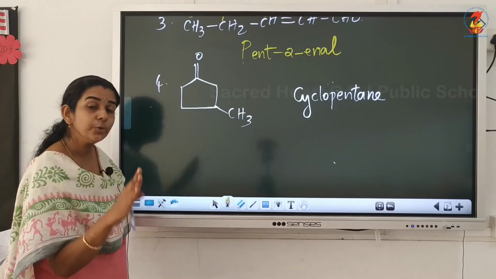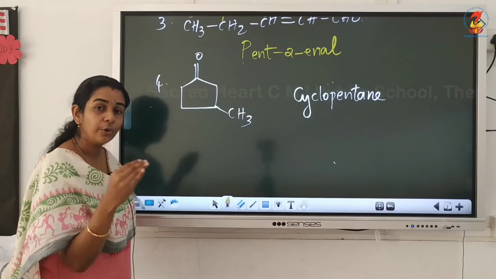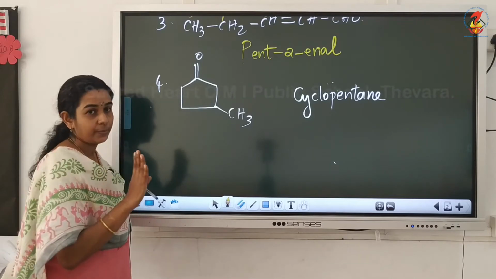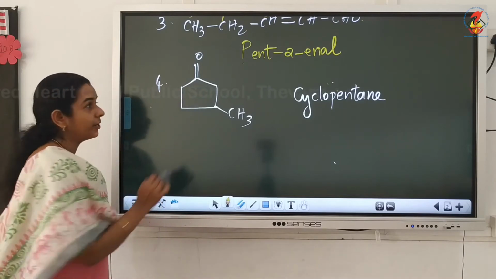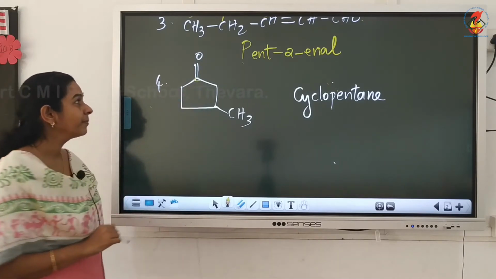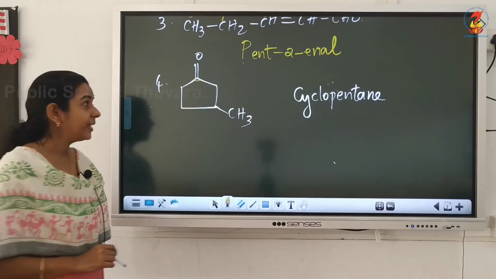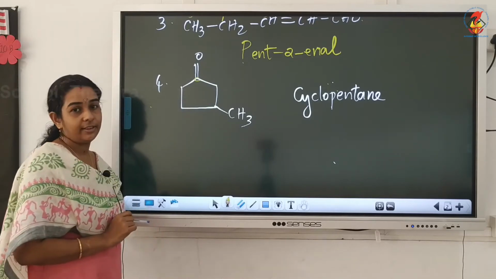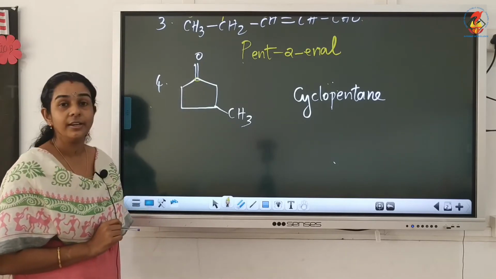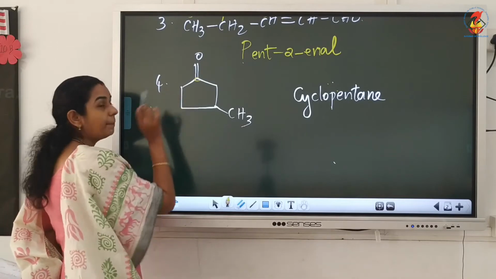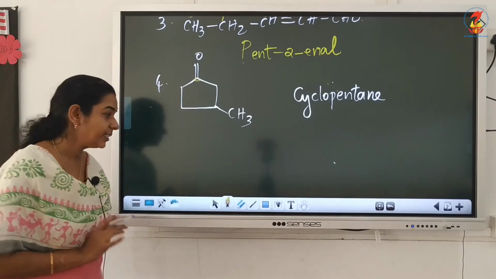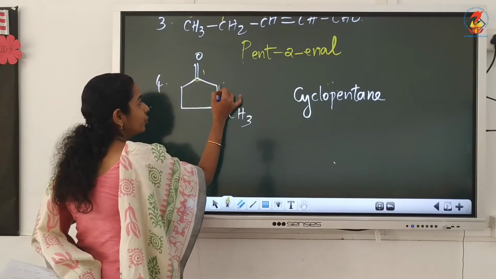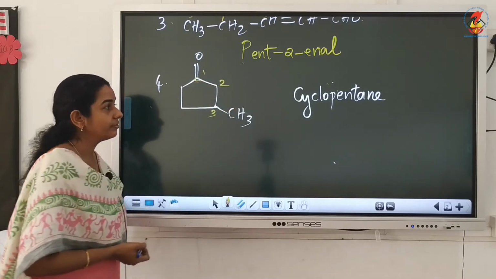So either do the numbering on the ring or in the chain or branch. Here the functional group is present as ketone. We know that it is C double bond O, and the functional group is present in the ring. So we have to do the numbering on the ring. Now apply the rule: the functional group or the branches should get the lowest possible number. So 1, 2, 3.